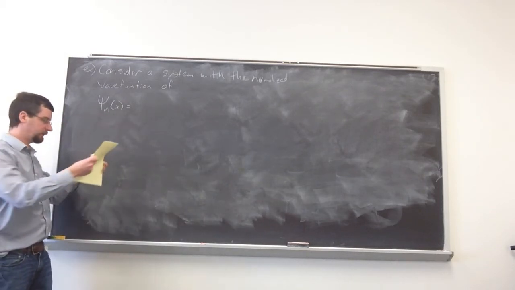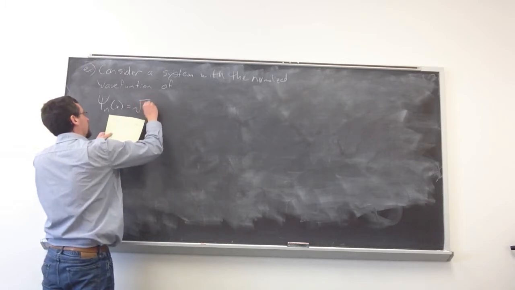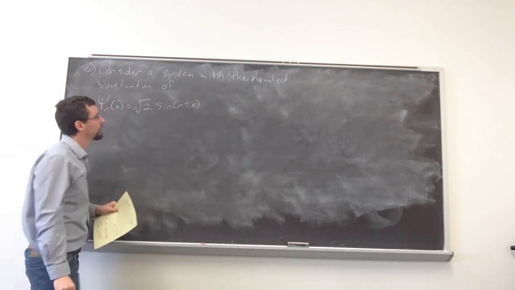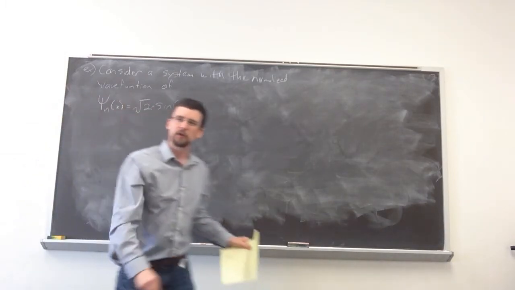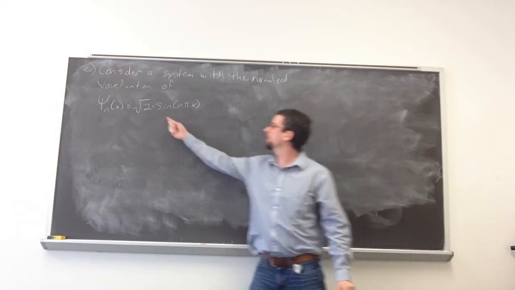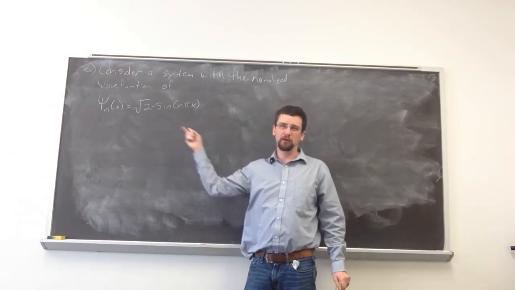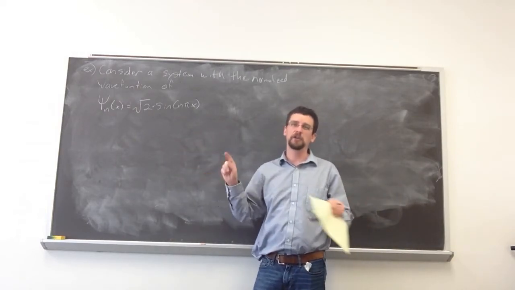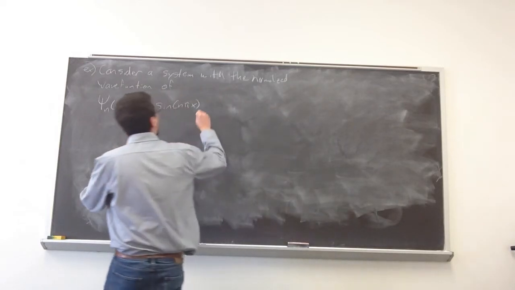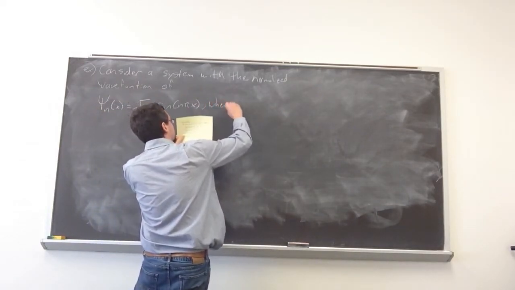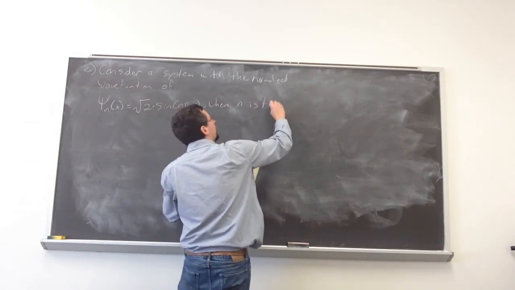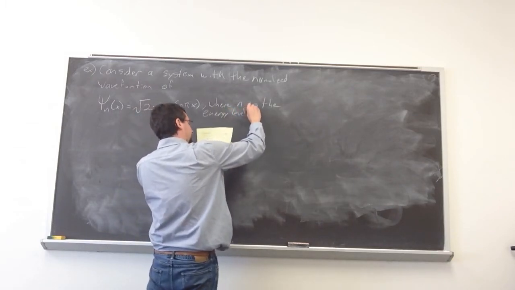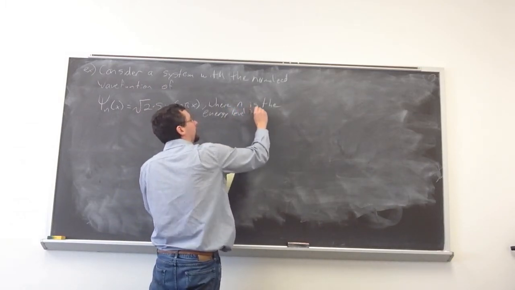It's a function of x, equal to square root of 2 sine n pi x. In this case, this function's been normalized, meaning this is our normalization constant. If we integrate across the region that this is normalized, if we do psi times psi, we should get 1. Where n is the energy level, and must be a positive whole number.